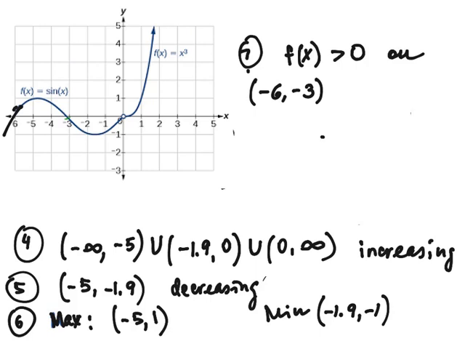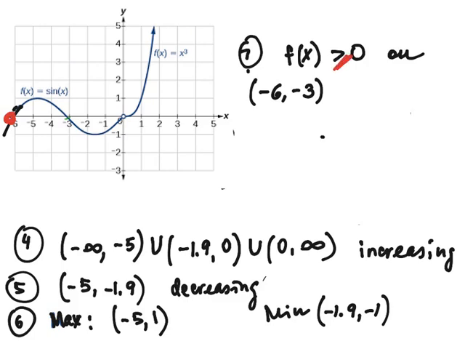Now, let's see. How come I didn't use brackets? Why didn't I include -6 or -3? Well, be careful. If you include the -6, that means you are considering that value, and you're saying, oh, when x is -6, my y value is greater than 0. But that's not true, because when x equals -6, the y value at this point is 0.